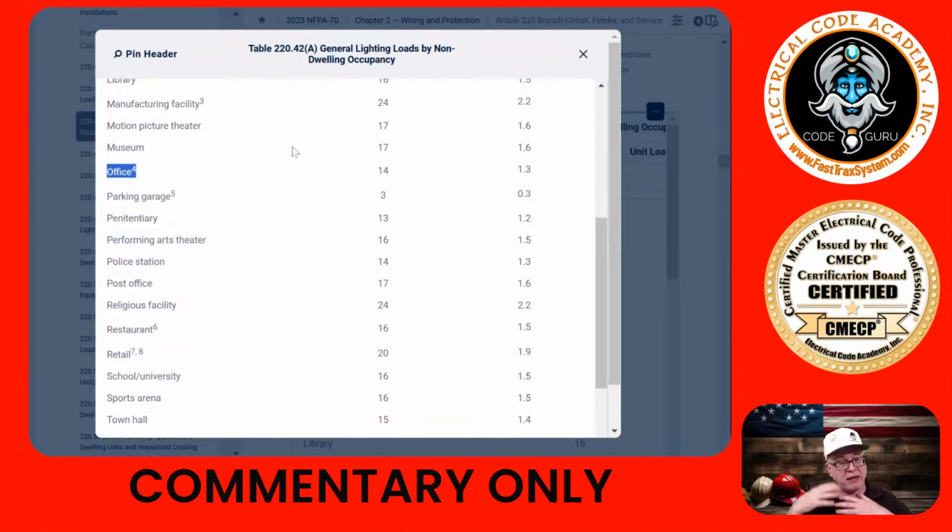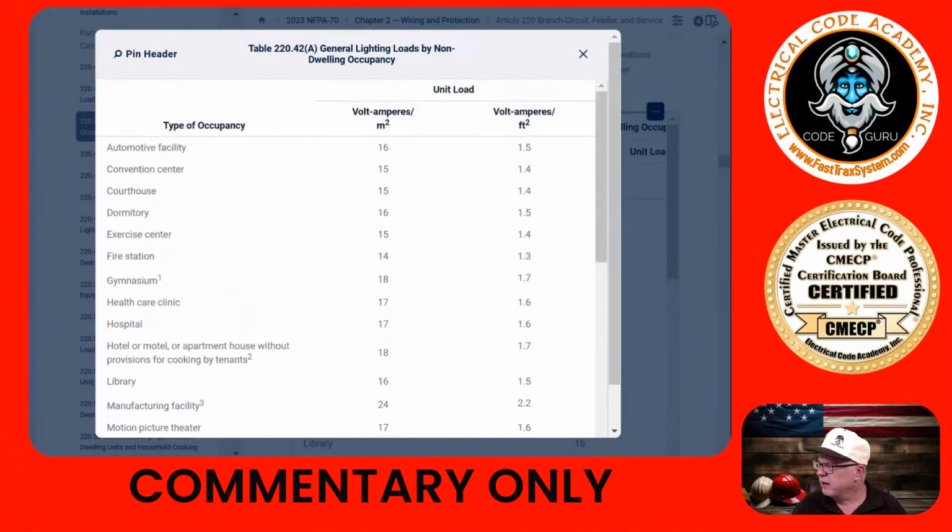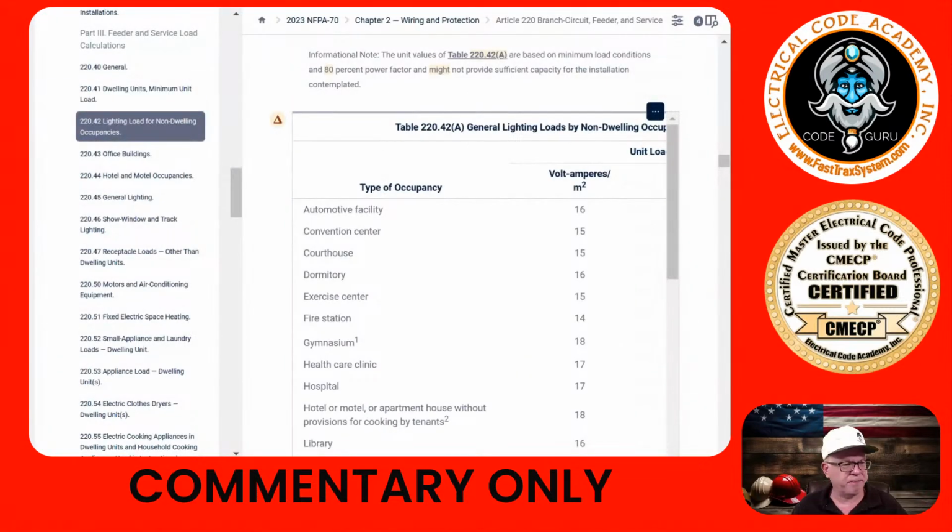The general lighting for an office would be 1.3 VA per square foot of the office area, and we need to know that for our calculation. But remember, we're doing branch circuits right now. So let's go back to the lesson.